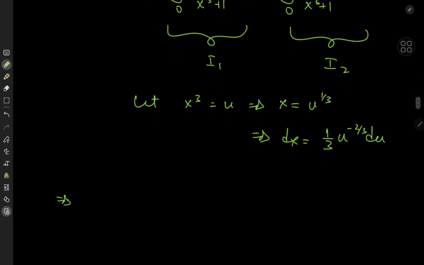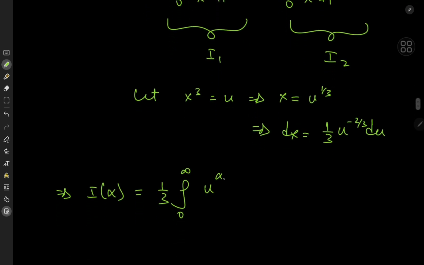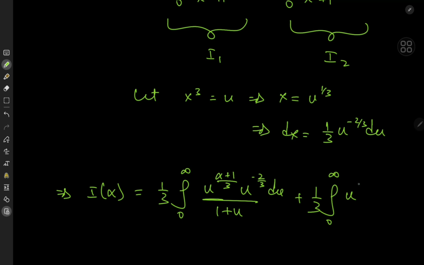Okay, cool. So this implies that the integral function I of alpha equals 1/3 of the integral from 0 to infinity, and we had x to the alpha plus 1. So that means we have u to the alpha plus 1 divided by 3 times u to the negative 2/3 du divided by 1 plus u, plus 1/3 of the integral from 0 to infinity of u to the alpha by 3, because we had x to the alpha, and we have u to the negative 2/3 divided by 1 plus u du.